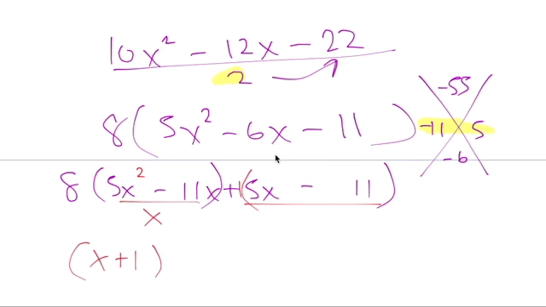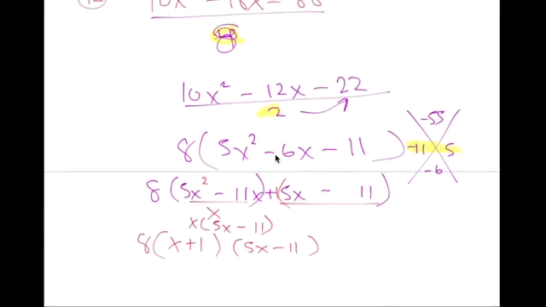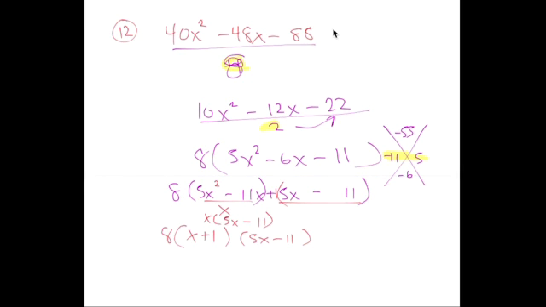You get out x plus 1, 5x minus 11, right? So 5x minus 11 with an 8 on the outside. Okay, and yep, there it is, letter A. That's how you do those. I hope that helps. You see my struggle when you copy wrong. So it takes a while, but you'll learn a lot.